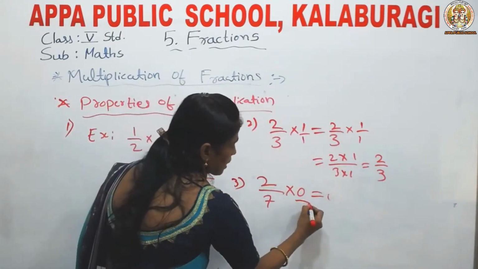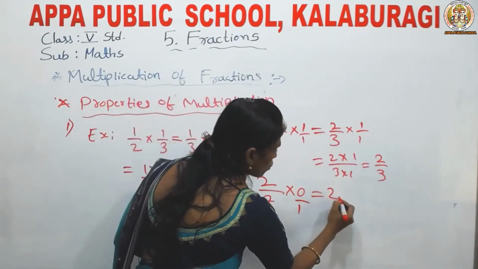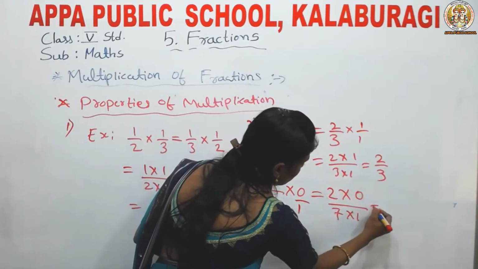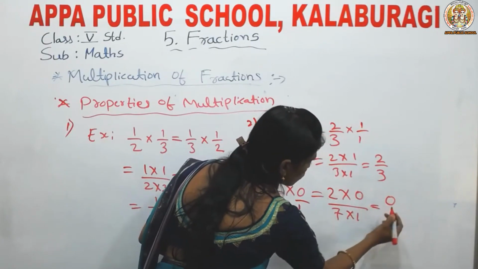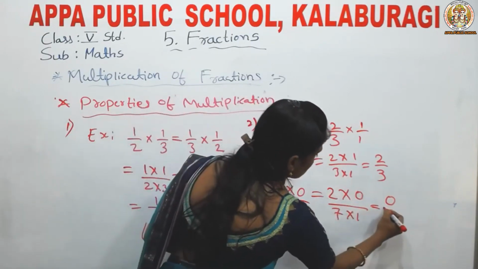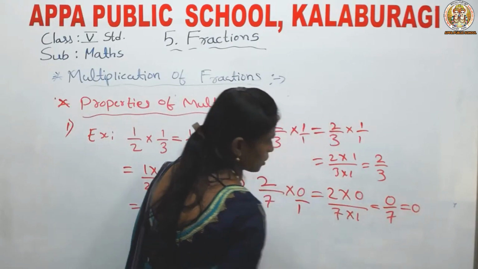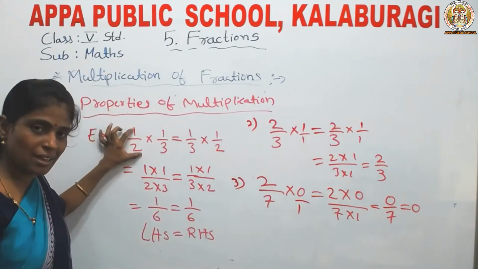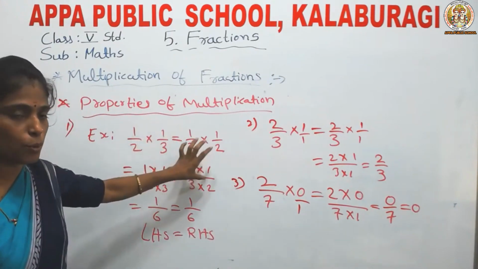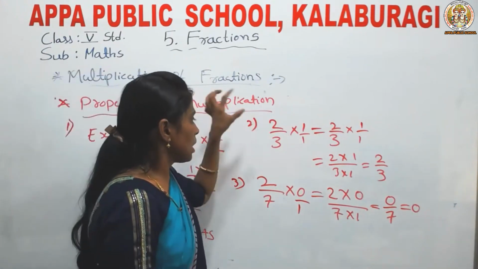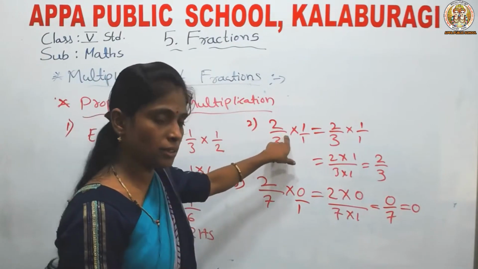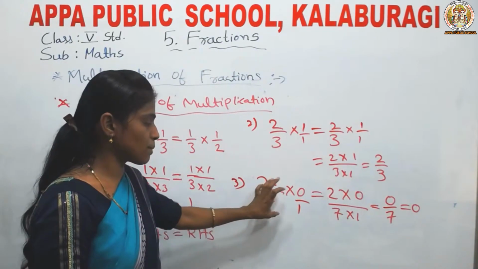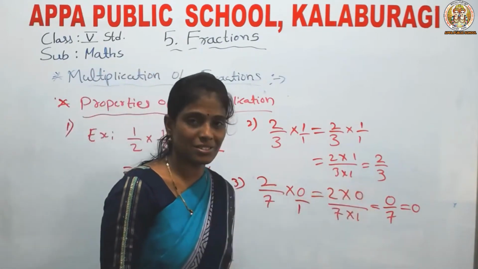The denominator is not written, which means 1. 2 into 0 divided by 7 into 1: 2 into 0 is 0, and 7 into 1 is 7, so the result is 0. The first property is that changing the order of fractional numbers does not change the product. The second property is that a fractional number multiplied by 1 gives the fraction itself. When a fractional number is multiplied by 0, we get 0.